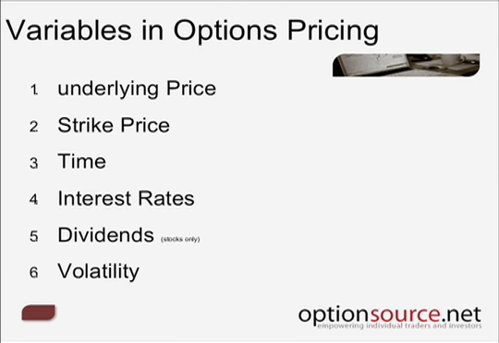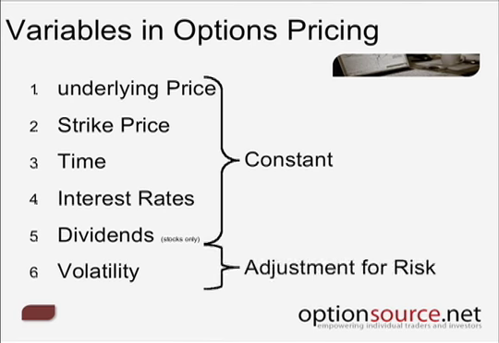Some of the fixed variables would be the underlying price of the security, the strike price of the option, the time until expiration, and interest rates, having a great impact on currency options. Dividends apply to stocks only. And then of course we have the volatility, which is an adjustment for the risk involved in being long or short the security or the options contract.